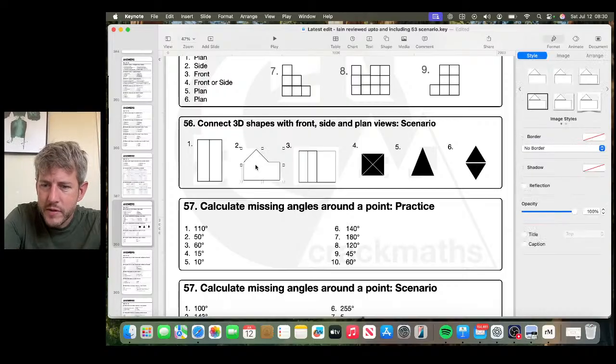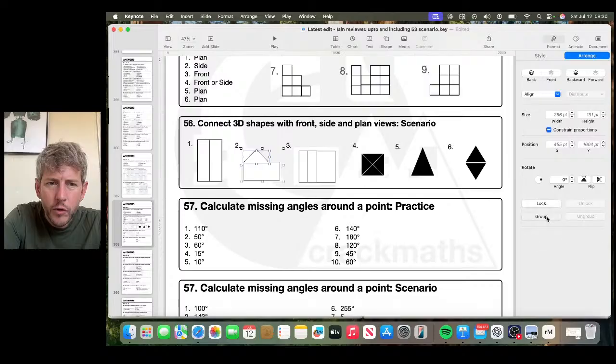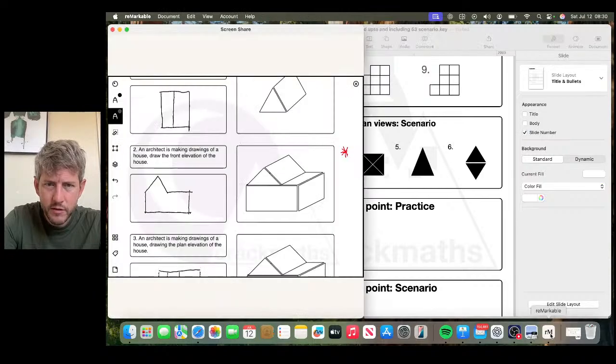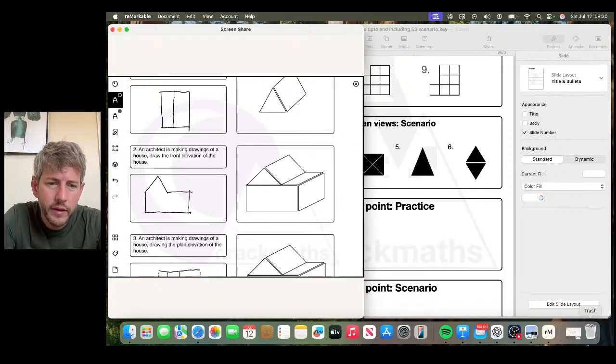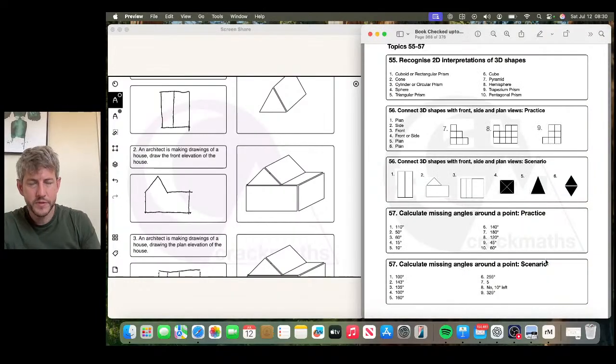Let's quickly group those images. Arrange, group. Okay, right, so back to the remarkable. Okay, that's fixed. Okay, answers. Okay, yep, so that is now done. So we agree with that.